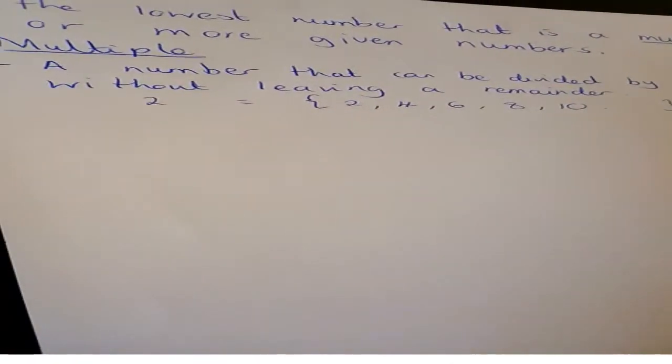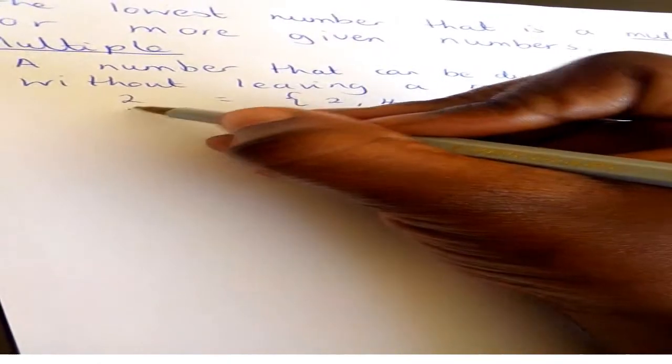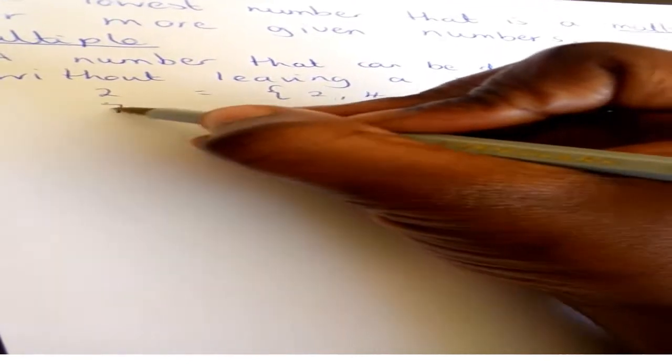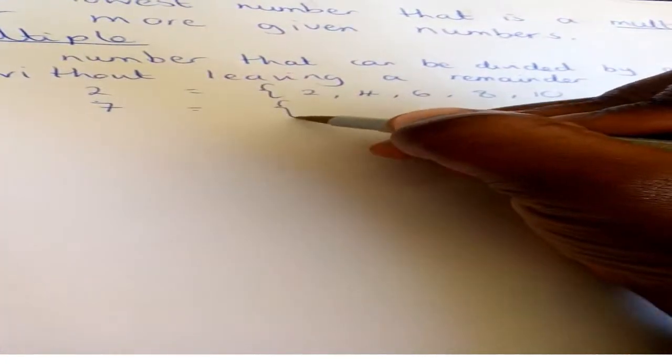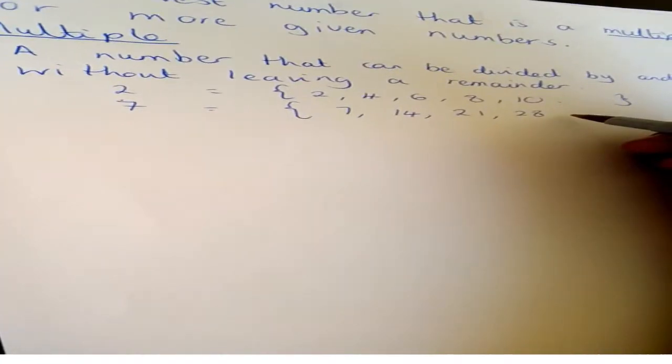And if we say find the multiples of, let's say 7, the multiples of 7 are 7, 14, 21, 28, and those are numbers in the times table of that number. Like the times table of 7 includes 7, 14, 21, 28, 35. So we've mentioned what a multiple is.